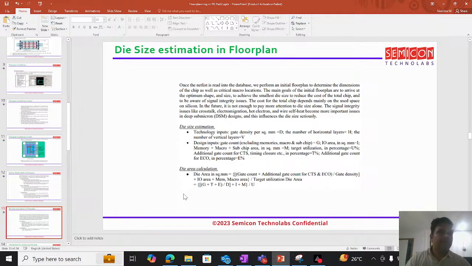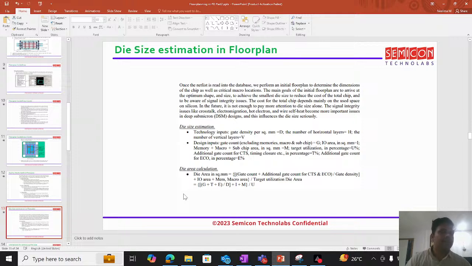Then you need to make sure that the die area is able to accommodate them without going for an increase in die area. Similarly, let's say RTL is evolving and you are expecting another 10% increase in RTL in phase 2 or phase 3. At that time as well, we need to make sure that extra area is still available in our die area calculation.